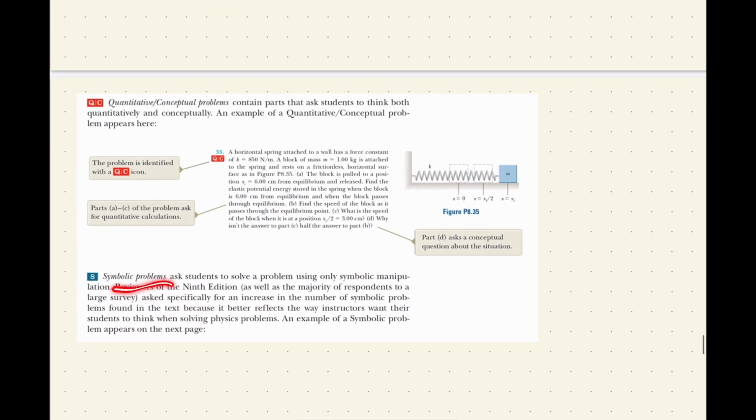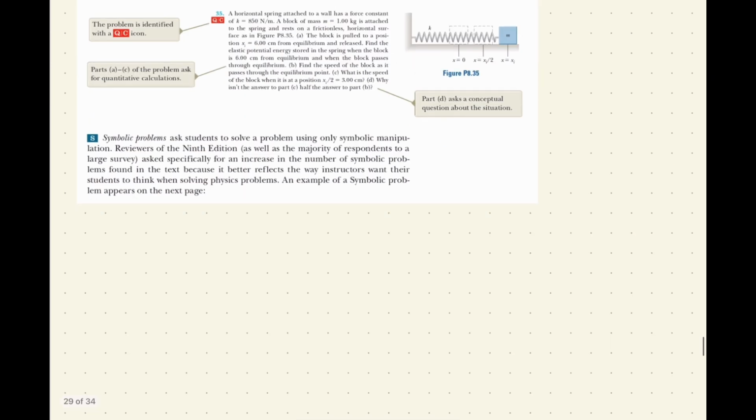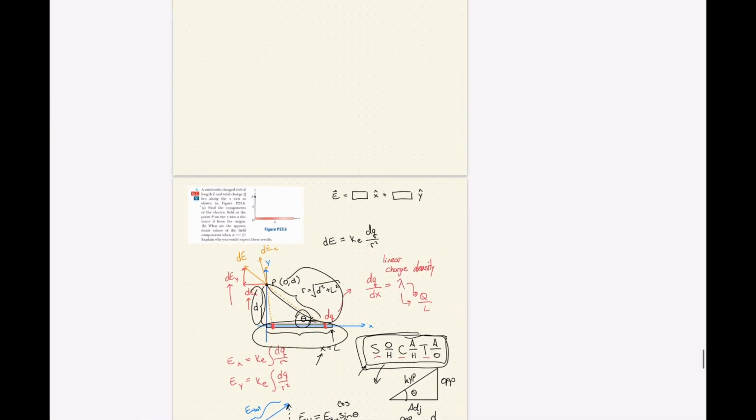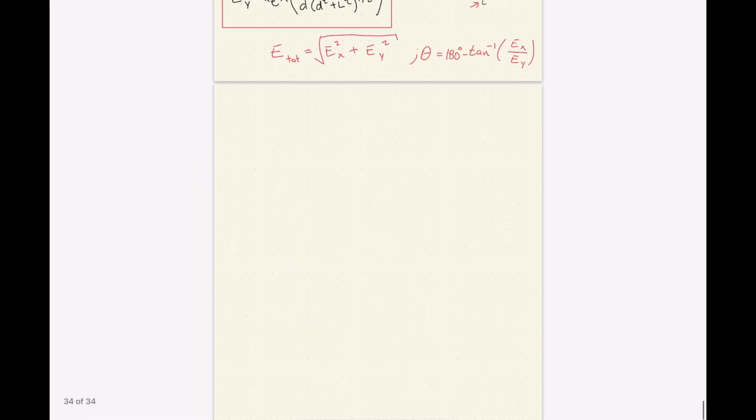Symbolic problems ask students to solve the problem using symbols, and that's what our solution looks like. So what are the approximate values of the field components when D is much greater than L? Explain why you would expect this result. So let's take a look at that.